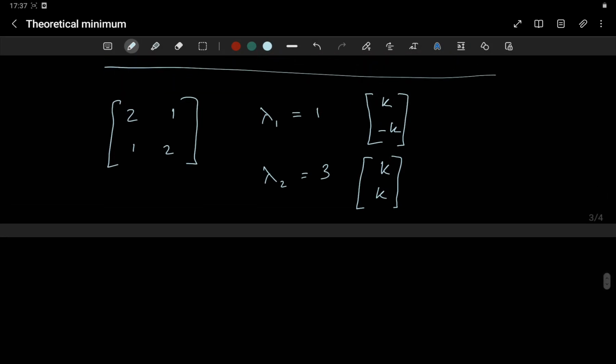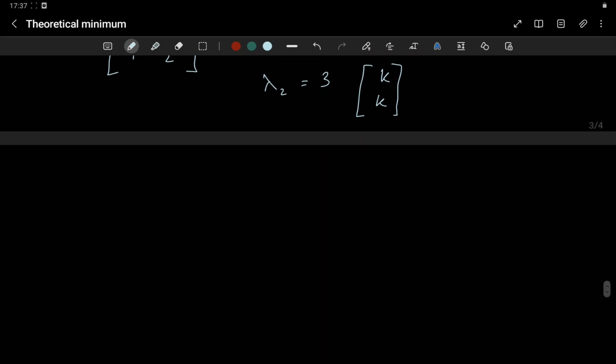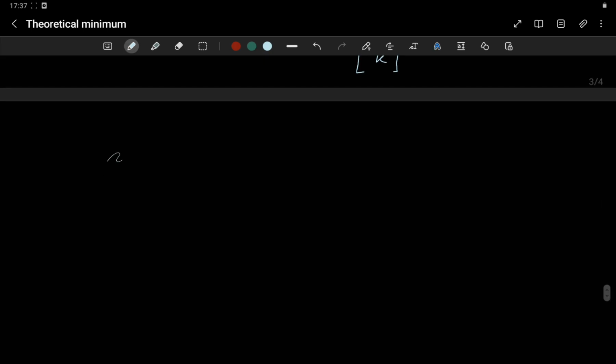Okay, so for yesterday's problem, you got the solution for the rotation matrix of angle theta, which is basically cos theta, minus sine theta, sine theta, cos theta.